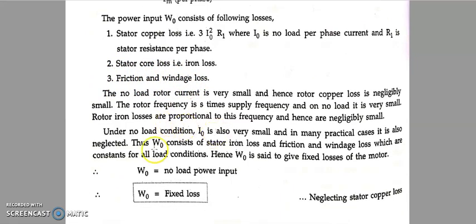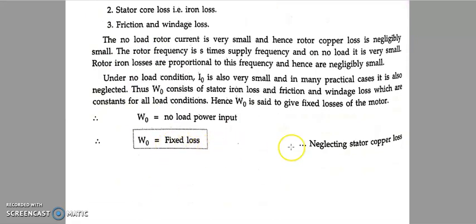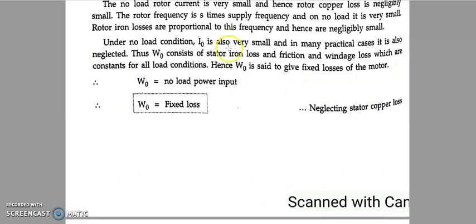So W0 consists of stator iron loss as well as friction and windage loss. Collectively you can call them rotational losses. So stator core loss as well as friction and windage loss will give you W0, the no load losses. This is the fixed loss. That's why we are neglecting the stator copper loss here, as it is very low.